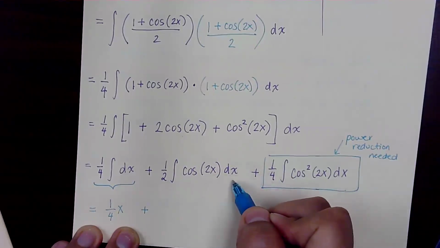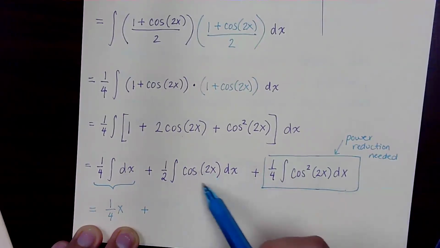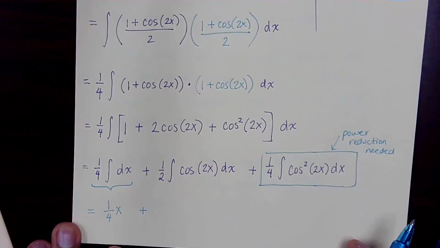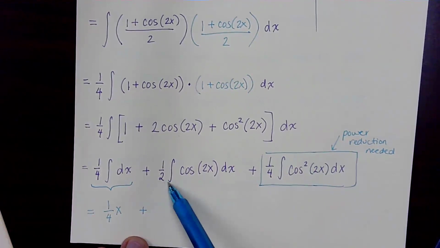we can do the integral here. Any ideas what this is going to integrate into? Just want to give you guys a chance to sort of take a crack at it. How do we integrate something that looks like this?